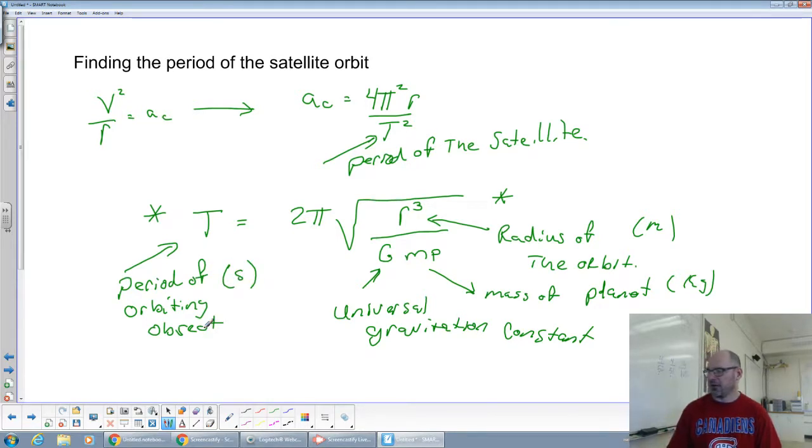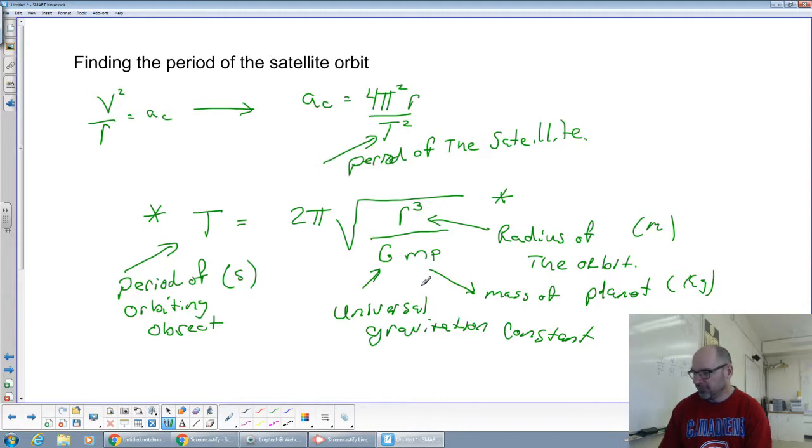Okay, and you're like, well, how does that work when you don't even have a velocity in there? Well, when you think of it, it'll give you the period of the orbit, which basically means how long it takes the thing to go around once.